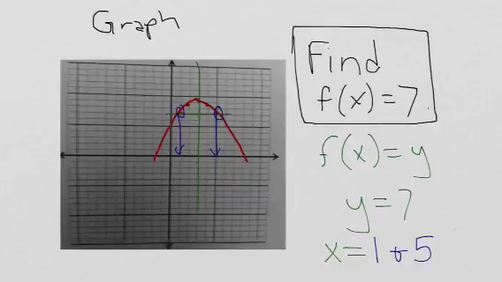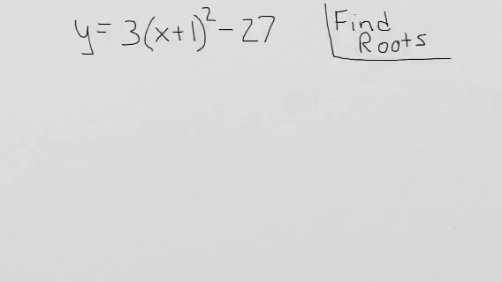So now let's go on to the more mathematical way of solving. Here we have an equation and we want to find a root. So remember, all roots mean that y equals 0. So we're going to rewrite this problem with 0 in for the y.